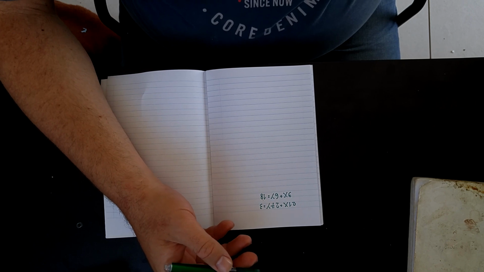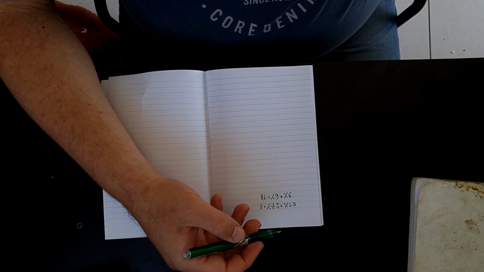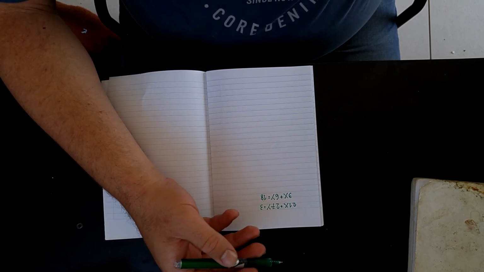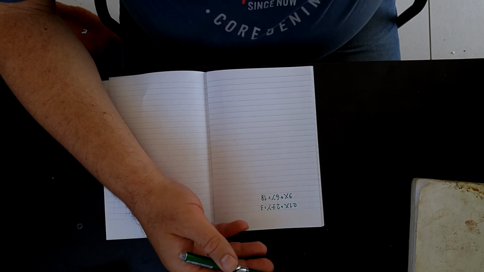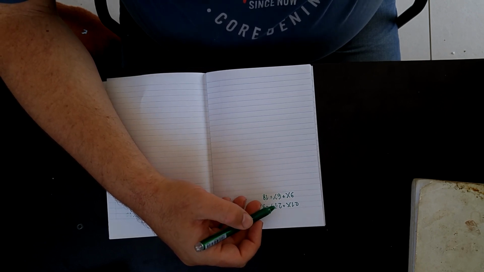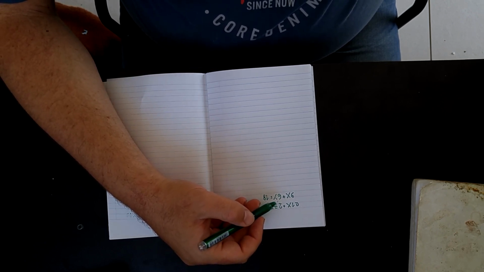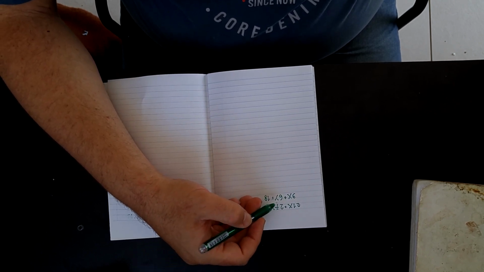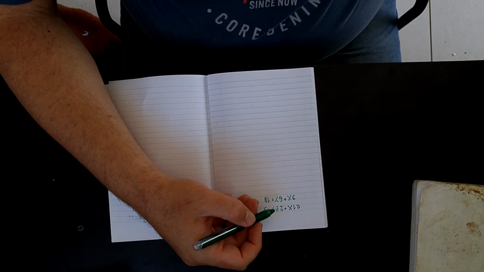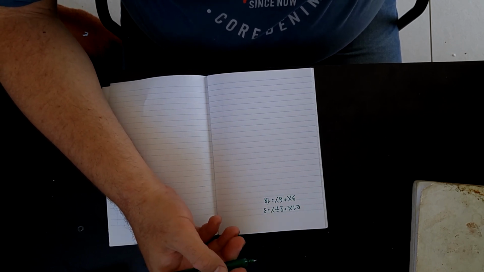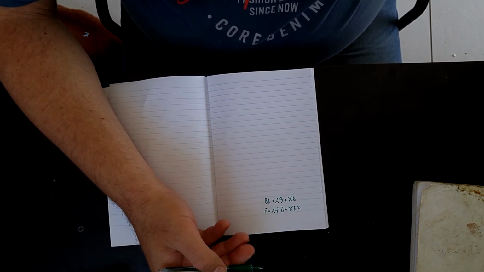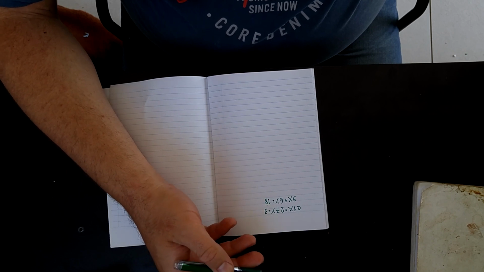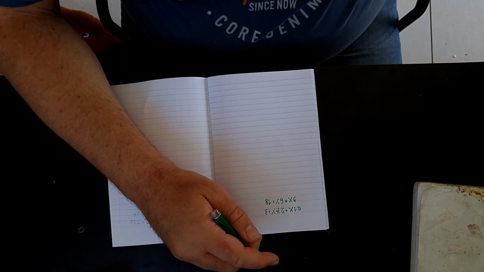Our goal is to get to 0, and we do that by making the 6 into a negative 27y, because the goal is to get to 0.